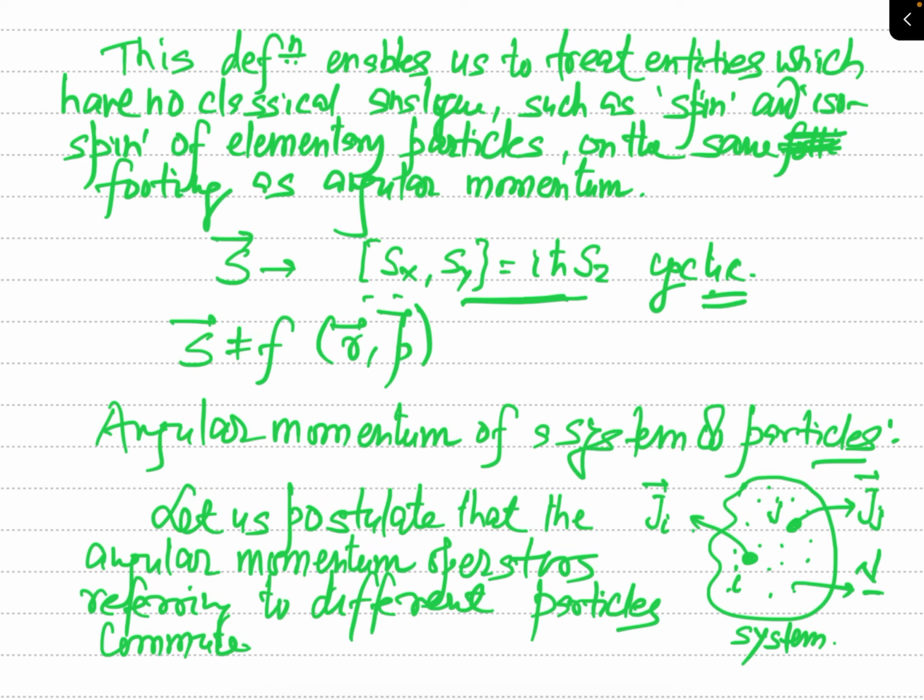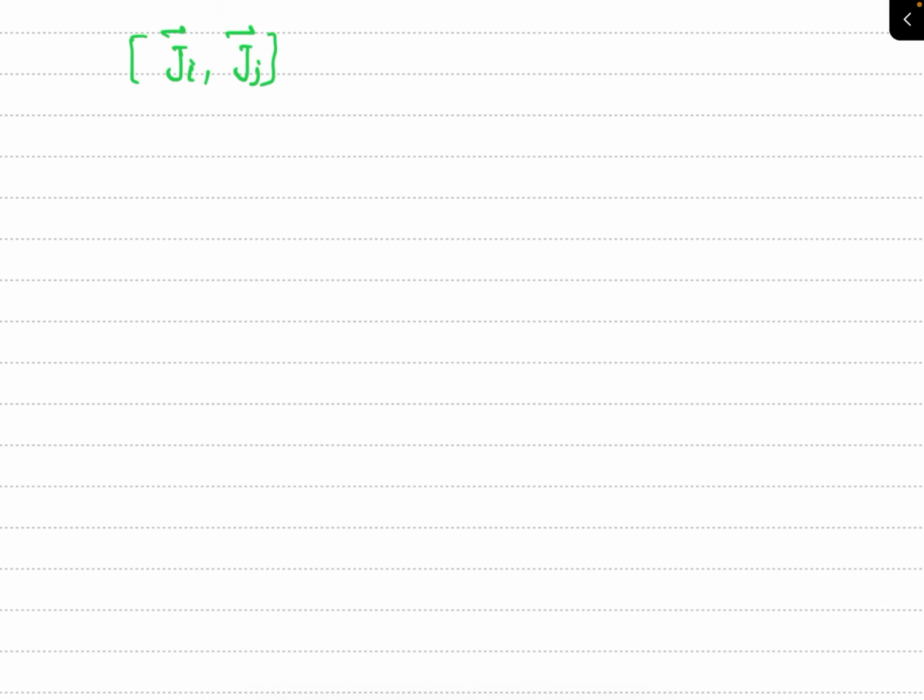As we have postulated that the angular momentum operators corresponding to two different particles commute, you can then write that the commutator of operator Ji and Jj, according to our postulate, will be equal to 0, because we have considered that these operators corresponding to the different particles of the system commute.